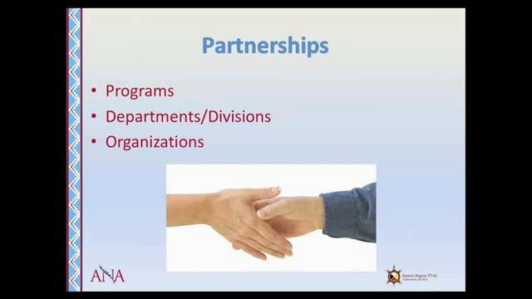Partnerships can be internal, say with departments or programs within your organization, or external with other organizations. Partners and your organization should have a mutual interest in the project's success. Partnerships play a huge role in your organization's ability to sustain your project. It also shows that other organizations see the importance of what you intend to accomplish.